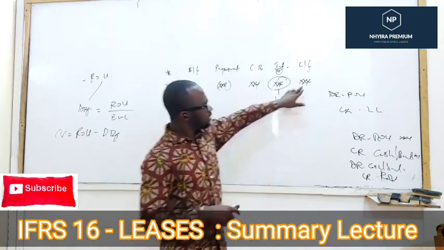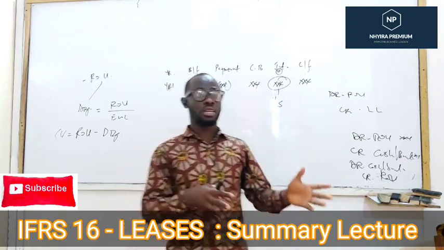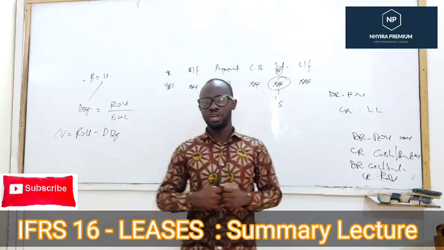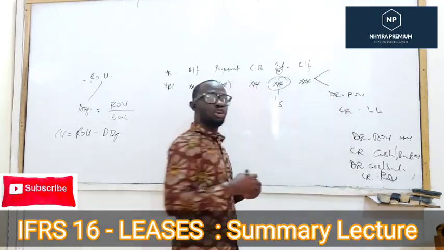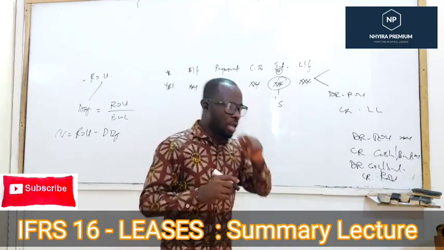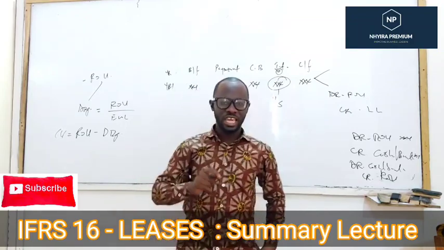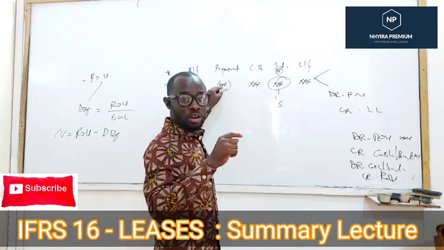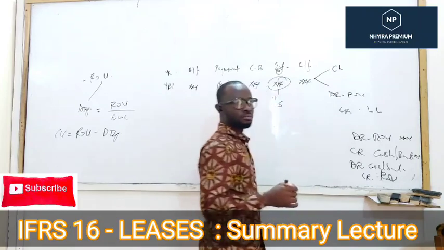However, the carry forward balance here has to be split into current liabilities and non-current liabilities. So, how do we do the split? This is how we do the split. Very, very important. Because the annual lease payment is made at the beginning of the year, the annual lease payable, that is this figure you brought here, becomes the current liability.